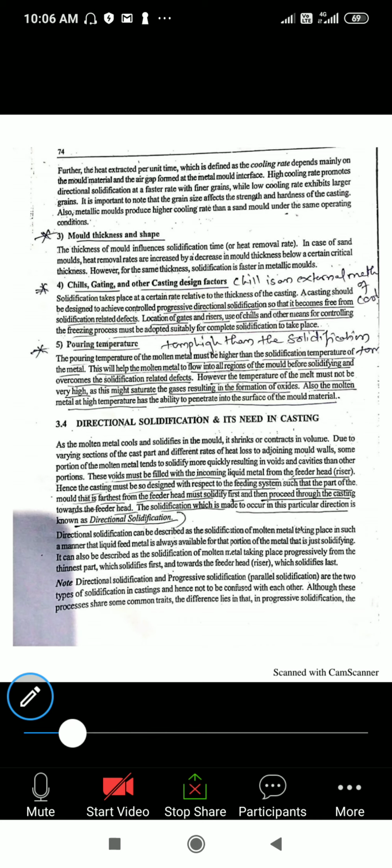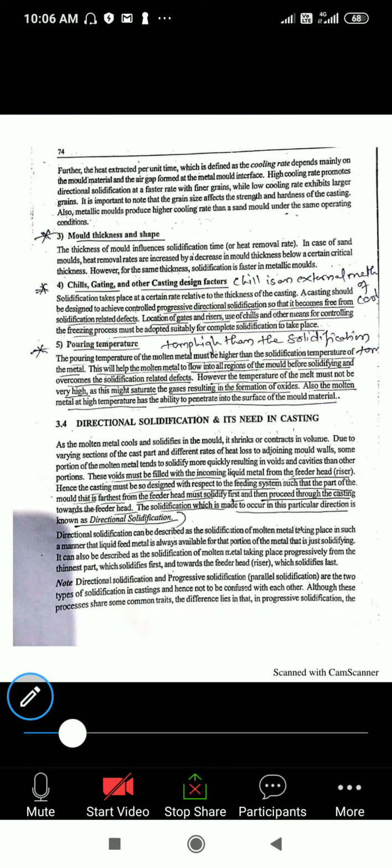Then the chills and the other casting design factors. So these are the variables which are to be kept within controls during solidification. As well as the last one, the pouring temperature of the molten metals. So these are some of the variables you are going to study in this module regarding solidification.